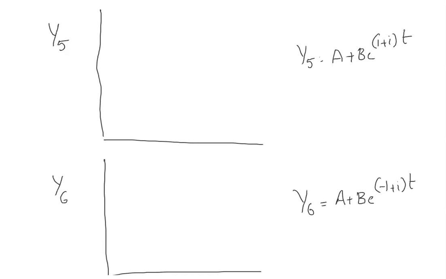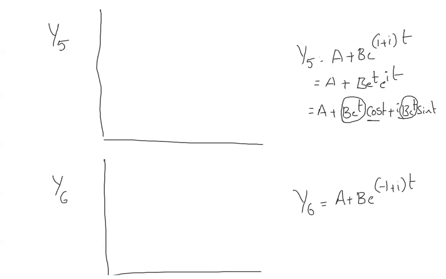So how do you write this response? Now if I look carefully at this one, e power (1 plus i) into t, this is A plus B into e power t cos t plus i into B e power t sin t. What is the amplitude of the cos t and sin t?